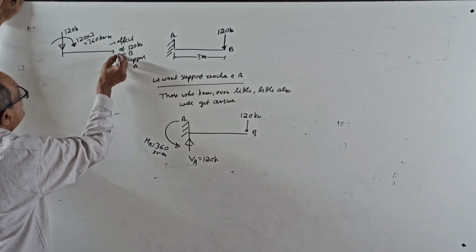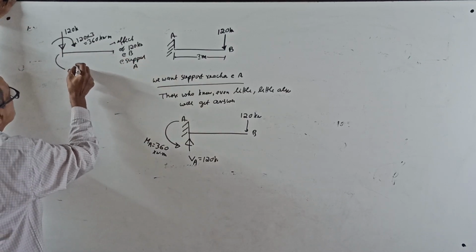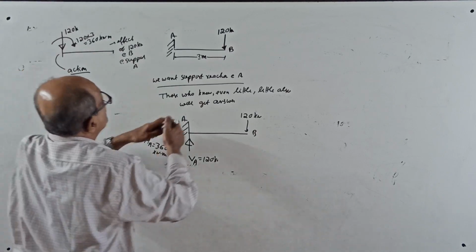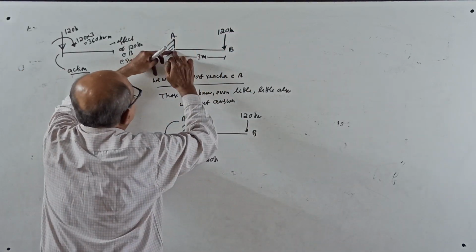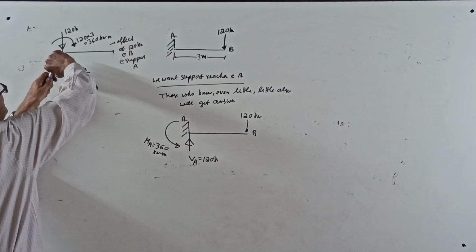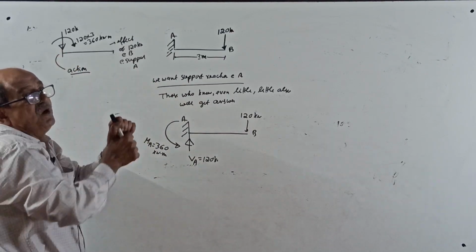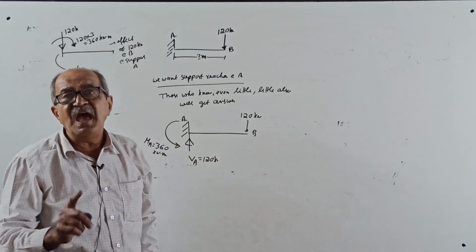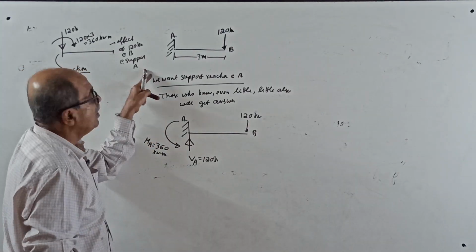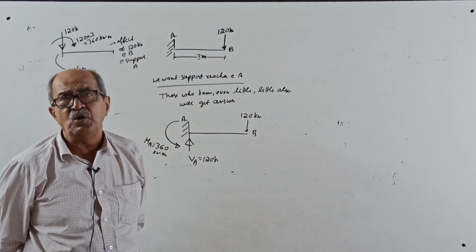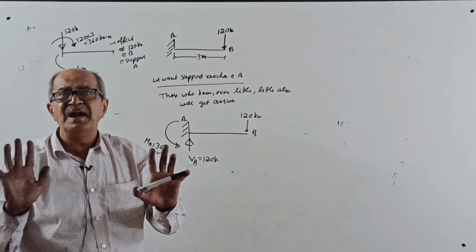Remember, this is called action. If you apply a force of 120 kN, it will push the support down by 120 kN and will try to rotate it by 360 kN meter clockwise. Now for equilibrium, the support reaction is opposite to the action. Action and reaction are equal and opposite. We will all learn it later.